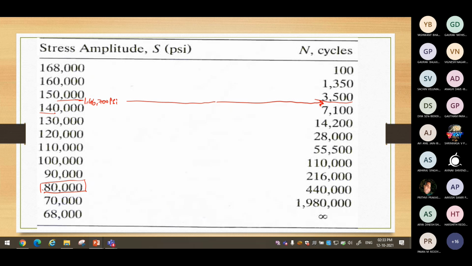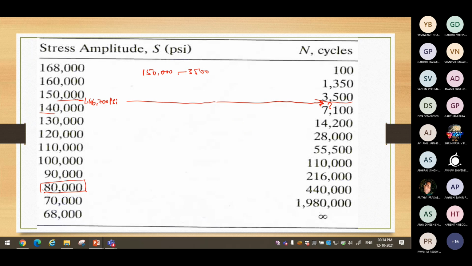If 140,000 is the stress value, then you have 7,100 cycles. But for 146,700 psi, approximately 146 KSI, what is the value? This you have to determine by interpolation.